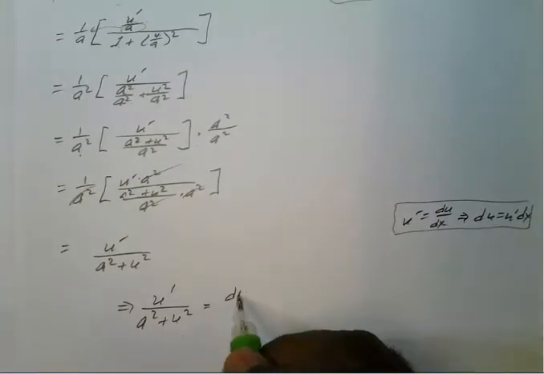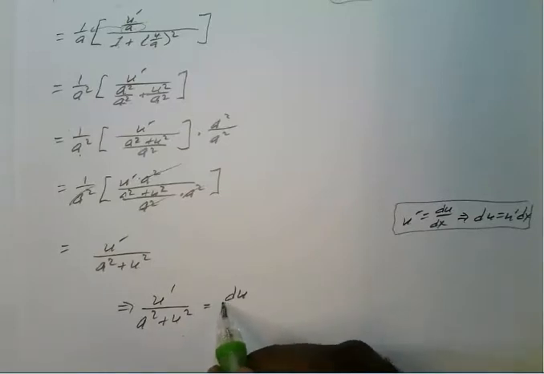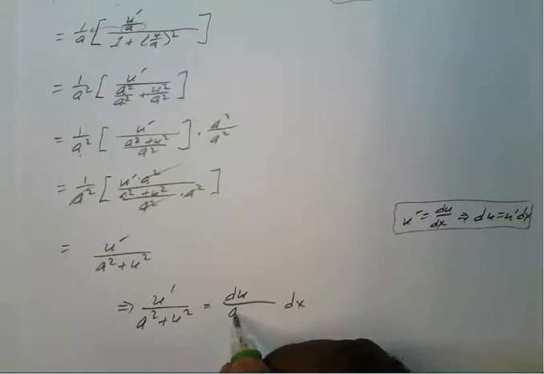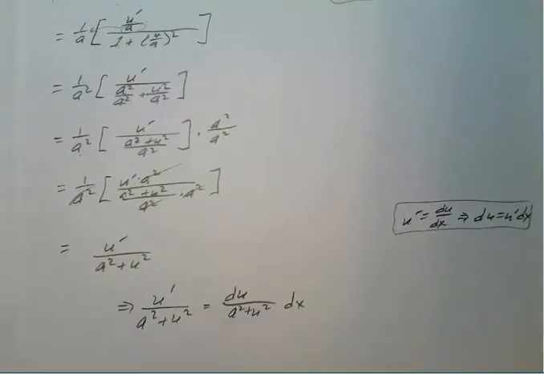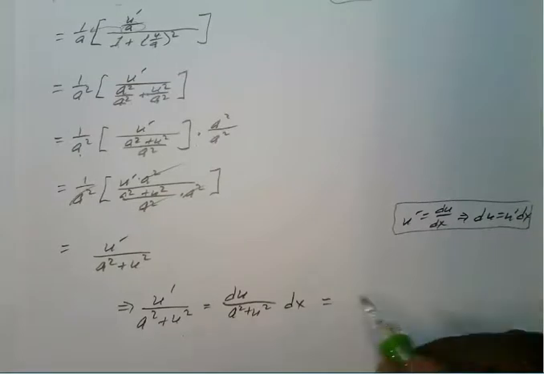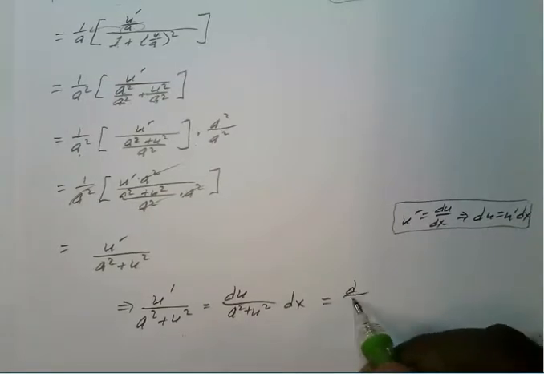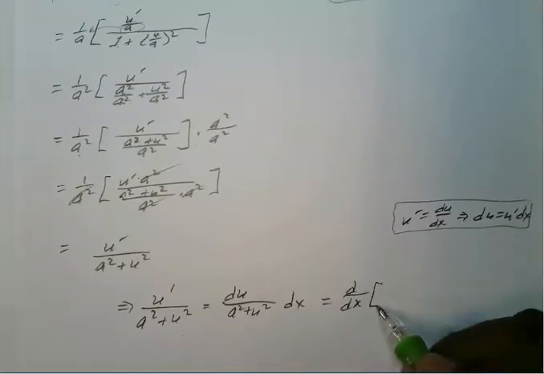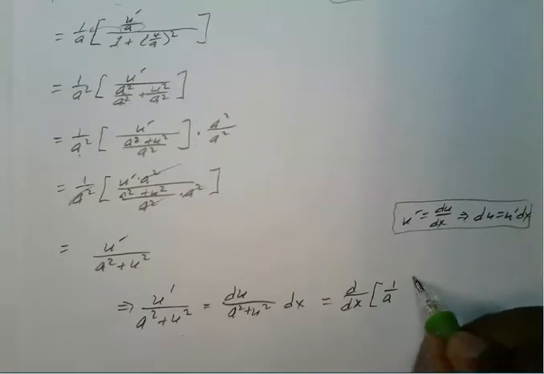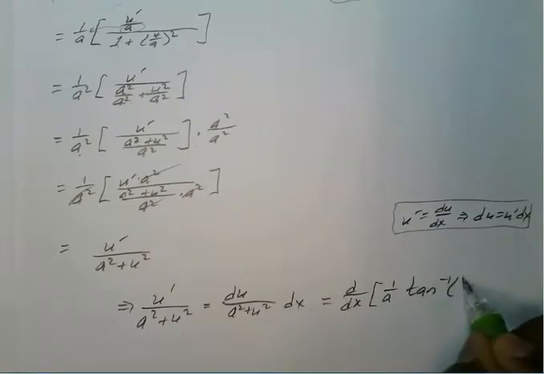Okay, so we have du dx over a squared plus u squared. Okay, so that's going to equal the derivative with respect to x of 1 over a tangent inverse of u over a plus c.